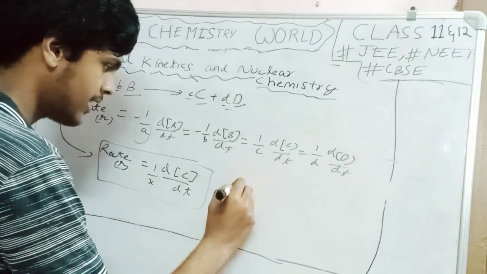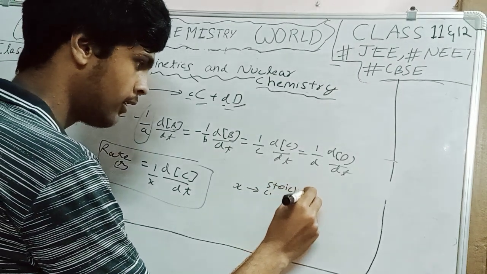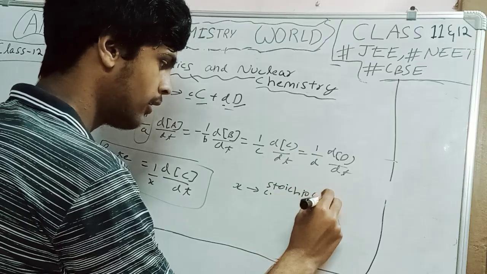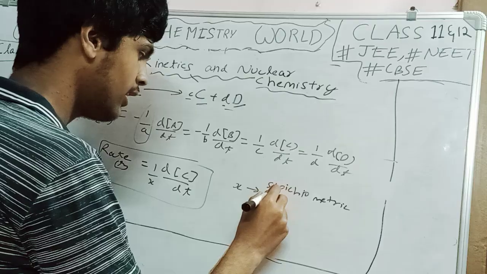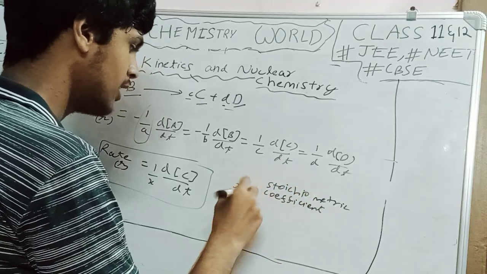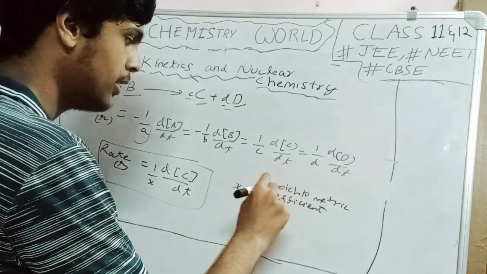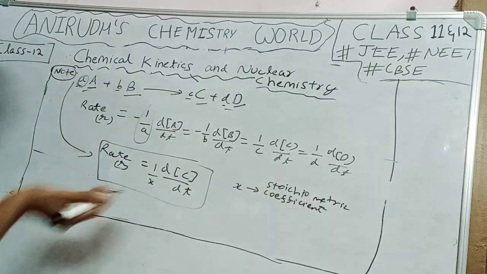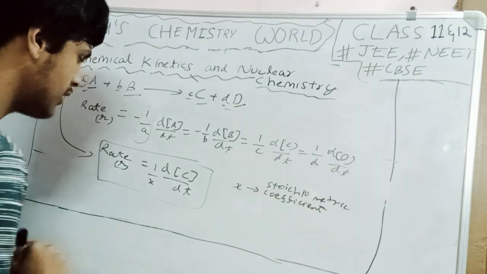Here X is nothing but the stoichiometric coefficient, which is the coefficient present before the corresponding reactant or product.